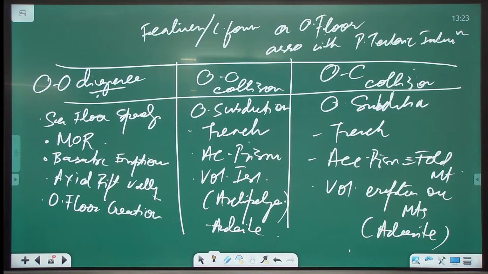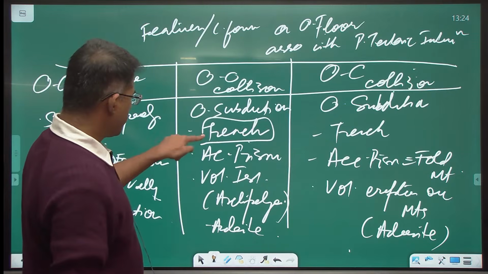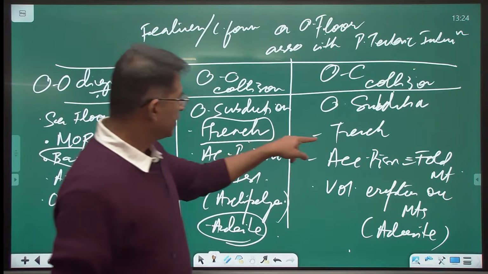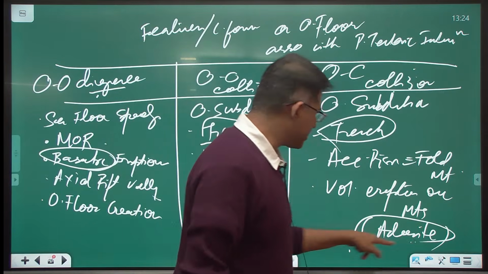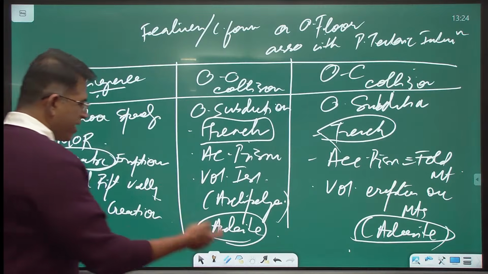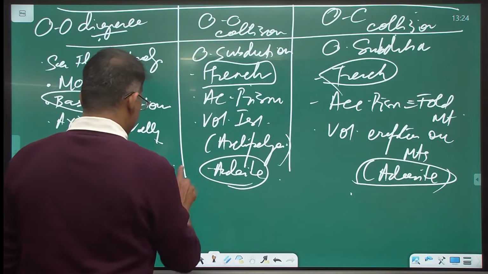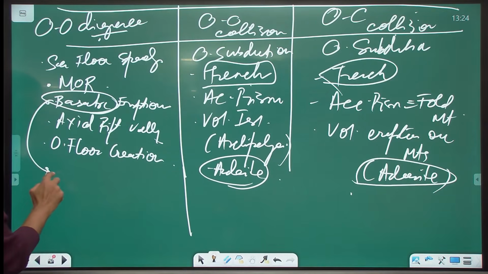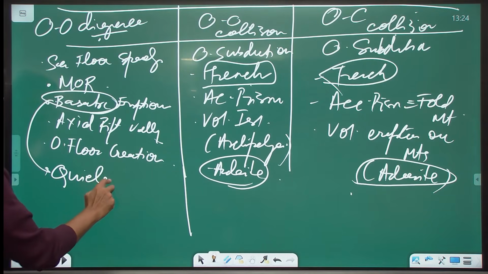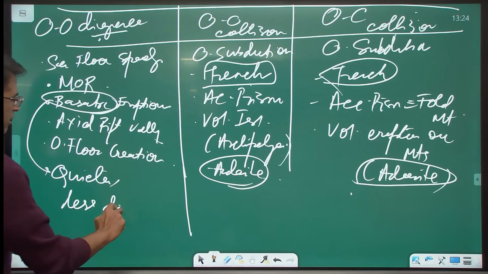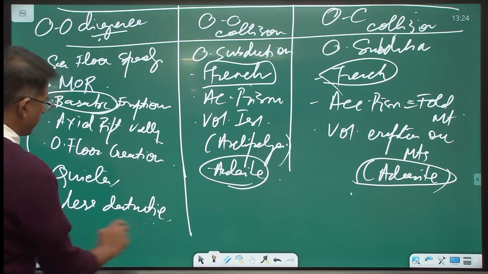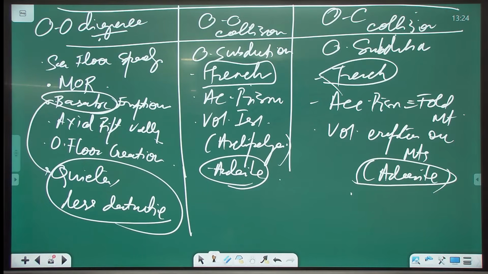So in all three cases we have volcanism. In the divergent ones where the plates move away, I will have basalt eruption. Wherever there is collision, wherever there is a trench, you always have andesite. And you can add one point here. Basalt eruptions are quieter and less destructive. Basalt is softer, it comes out easily.